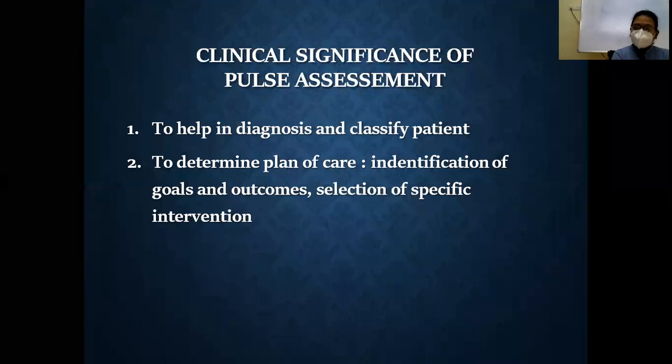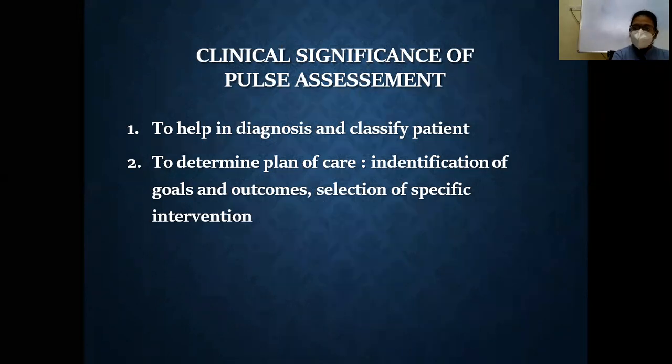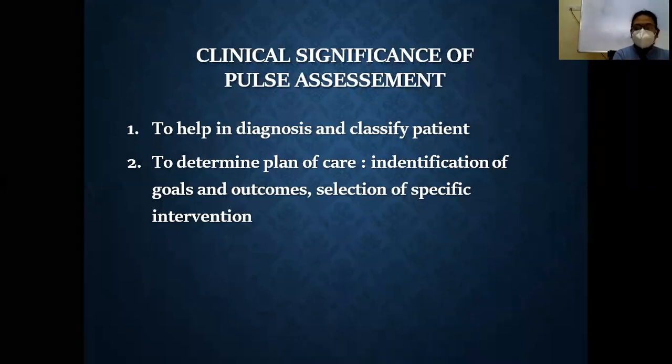If a known case of arrhythmia has come to the OPD and you look at the prescription, he is already on beta blockers. Now, when you check his pulse, he is having bradycardia. So now you have to decide whether to maintain the same dosage of the drug or to reduce the dose of the drug. All these things are determined by this pulse assessment.